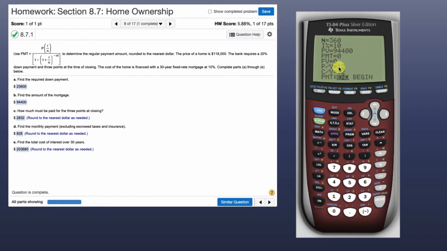And then I'm paying monthly, so 12 payments per year, 12 compounding cycles per year, so 12, right? Okay. So now if I quit, and if I jump back in there, go to Finance, and now I can solve for the payment. There's my payment, and it said round to the nearest dollar on the homework, so that's $828.